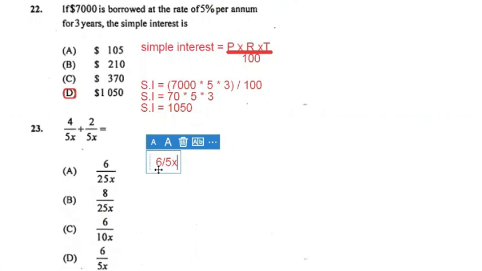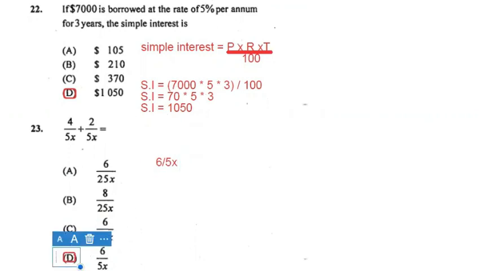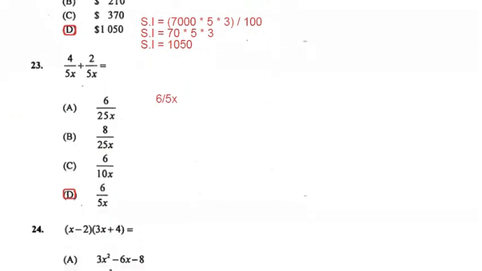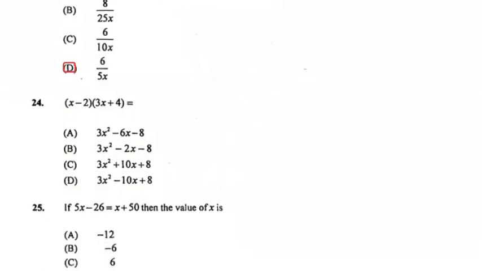So our answer for 23 is D. So remember guys, in addition and subtraction of fractions, once the denominators are the same in the question, you can just go ahead and add. You don't have to find any LCM, that long working out. No, just go ahead and add the numerators.